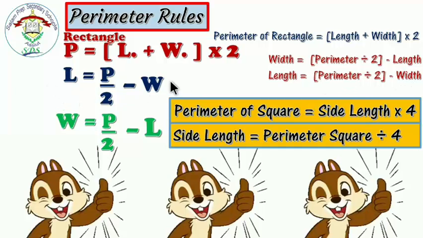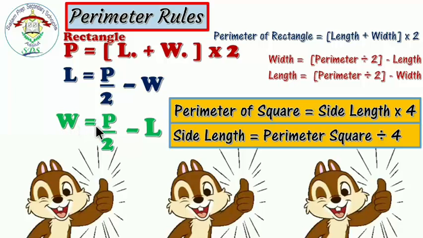We can write the perimeter rules in shortened form. Perimeter of rectangle equals length plus width, all times 2. Length equals perimeter divided by 2 minus width.